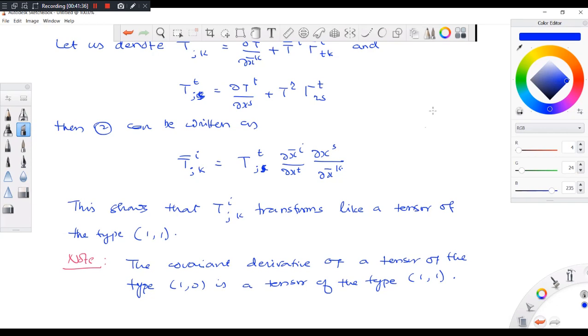Here look to this quantity. T semicolon S. Okay, so this is equal to your usual partial derivative plus this one, this quantity.